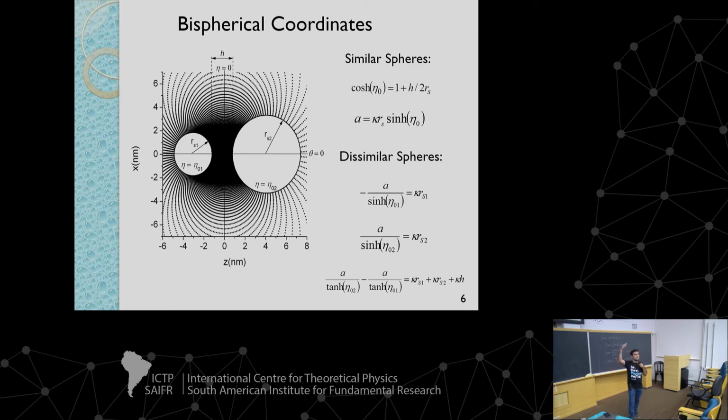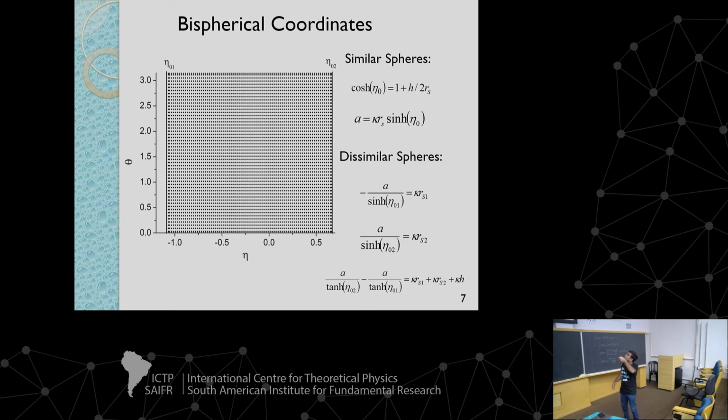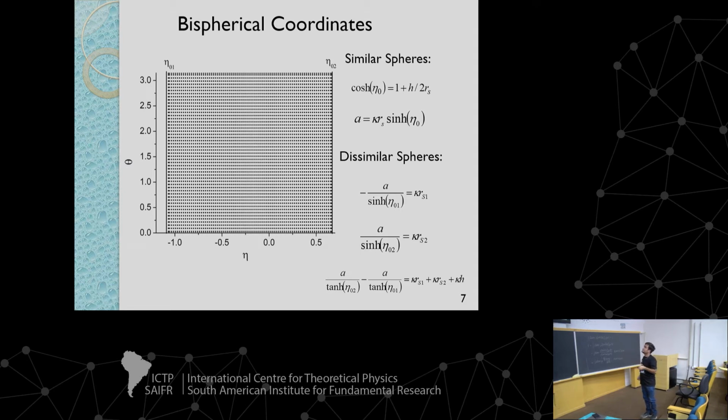You can see that we have much more points there than here outside. And this is very good because this is where the most change happens. Here we have the math of this coordinate system, but I think you don't need to worry about this. It's not that complicated, as I said, and we have to solve this nonlinear system here in order to obtain the variables.